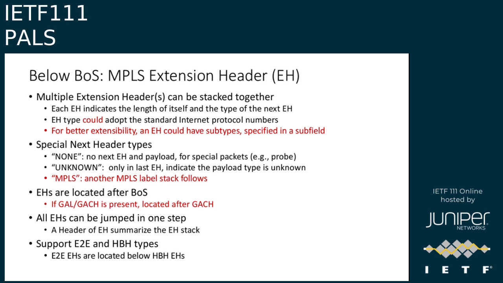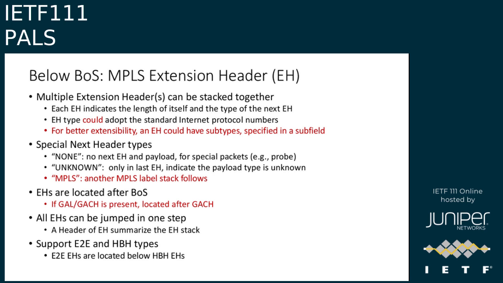Okay, then below the bottom of stack will be the MPLS extension header part. Because there are multiple extension headers stacked together, each extension header will indicate the length of itself and also the type of the next extension header. So essentially, all the extension headers form a chain, just like the IPv6 extension header.